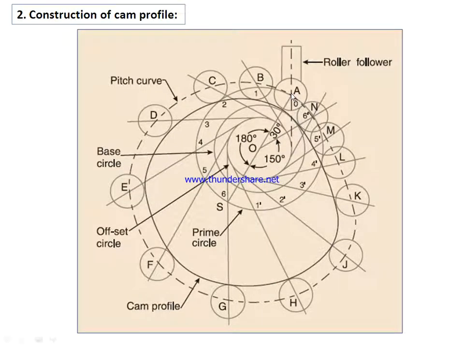Then connect this tracer point A, the center of the roller, to the center of the cam O, and this will be the reference for measuring the angle. From AO measure 180 degrees, and AOS will be 180 degrees, right? So divide angle AOS into 6 parts, and mark these points 1, 2, 3, 4, 5, 6.